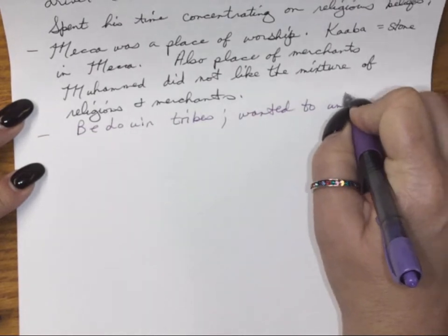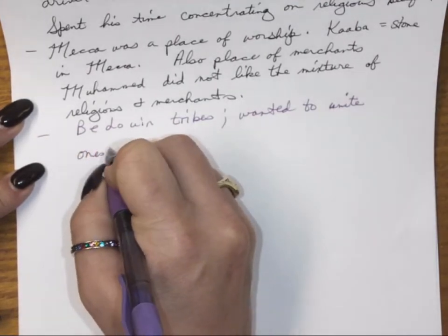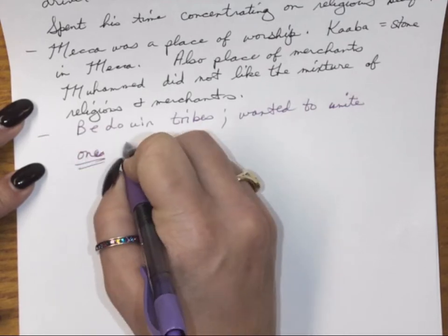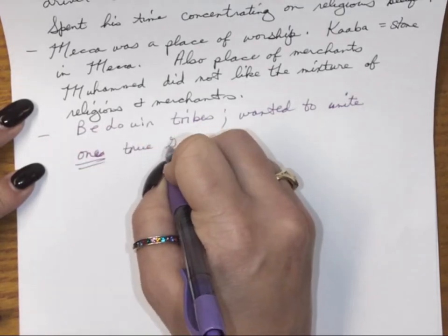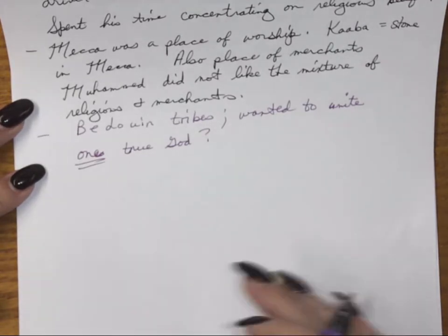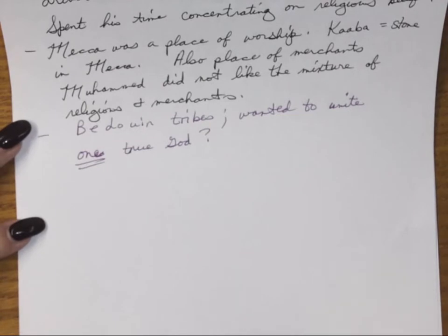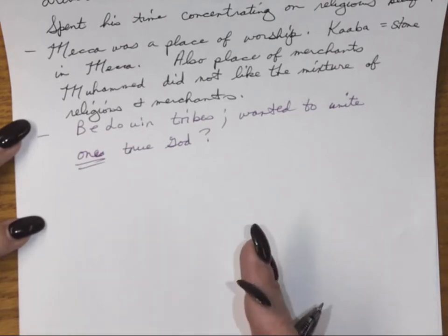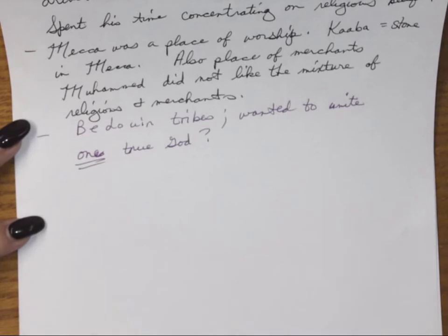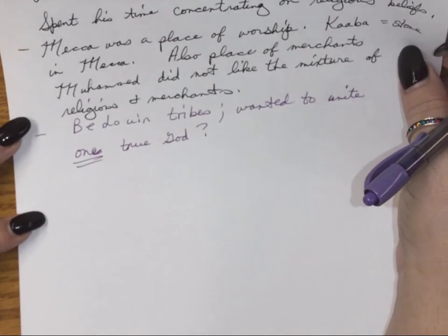And he wanted them to believe in what he considered to be the one true God. Okay, so he thought that instead of worshiping different idols and different stars and rocks and whatever, all things they were worshiping, if he could just get the word out about the one true God, he would be able to unite them into a unified front, basically.